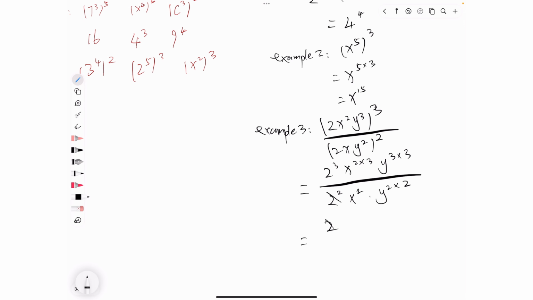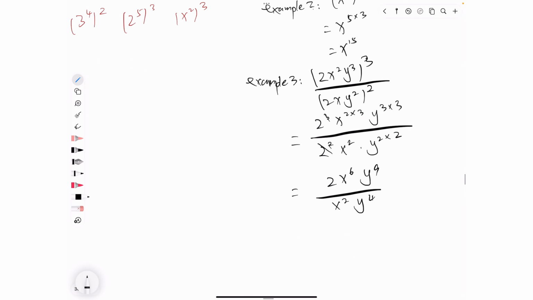Cancel 2 with 2 to the 3, so we are left with 2. That's x to the 6, y to the 9, divided by x squared, y to the 4. Then it equals 2 x to the 6 minus 2, y to the 9 minus 4, because that's division. This means subtract the exponents. It's 2x to the 4, y to the 5.